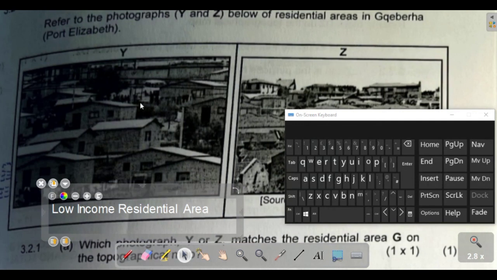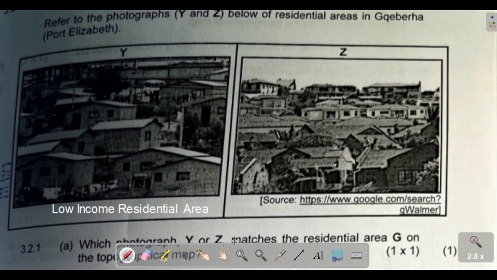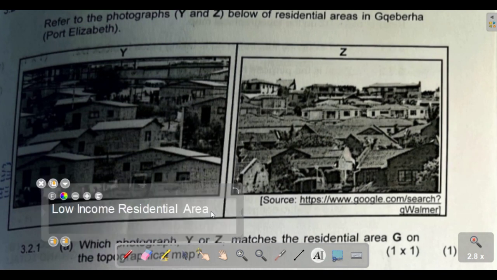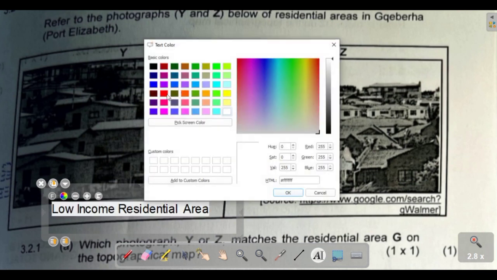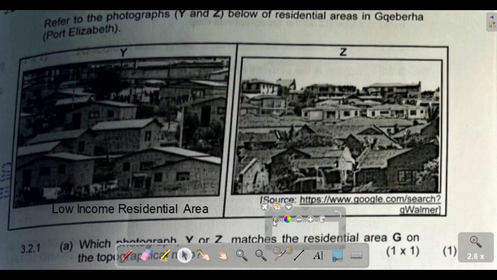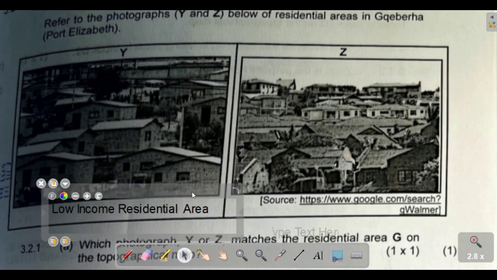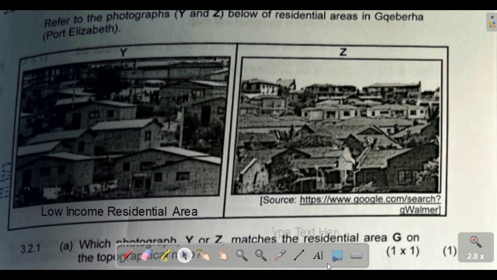Each house looks exactly the same. Let me use a different color here. I don't know if it makes a difference. I hope it does though.